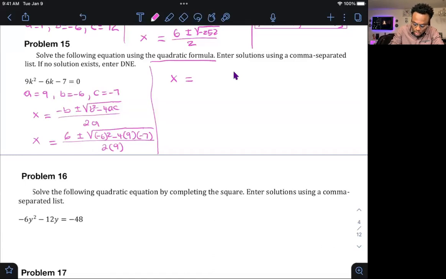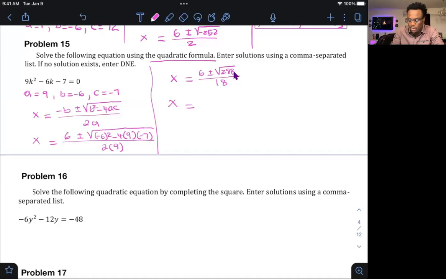So that's +6 plus or minus the square root of 288. If I said 228, I was wrong. So that's 288 over 18, which is 2 times 9. So how do you simplify 288?